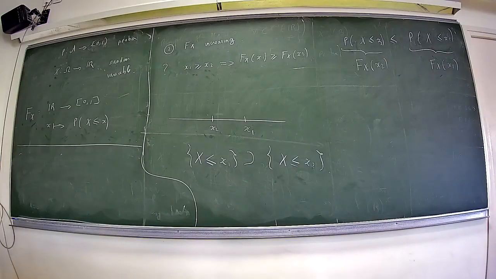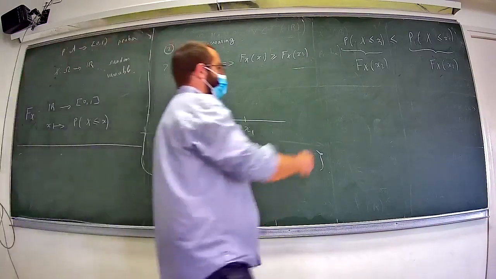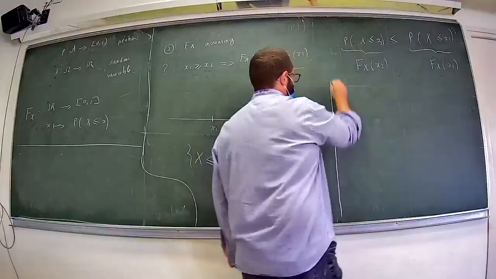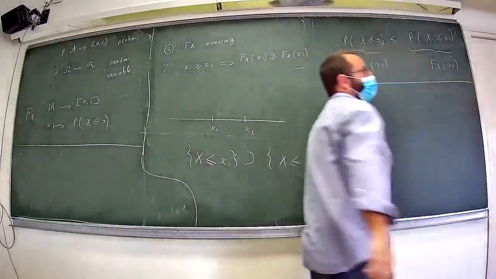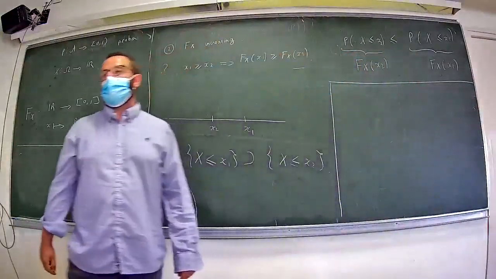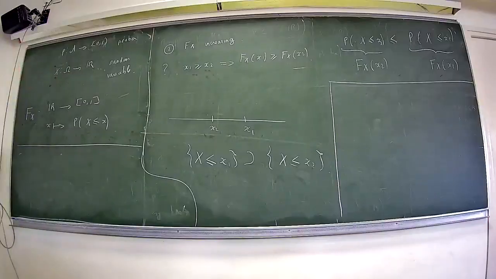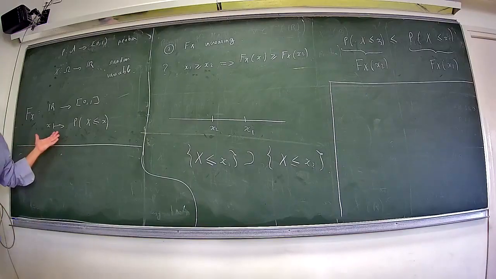Just coming back from the definition. Are you okay with this one? Just use the fact that if A is included in B, P of A is less than P of B, and I use the definition of the distribution function.